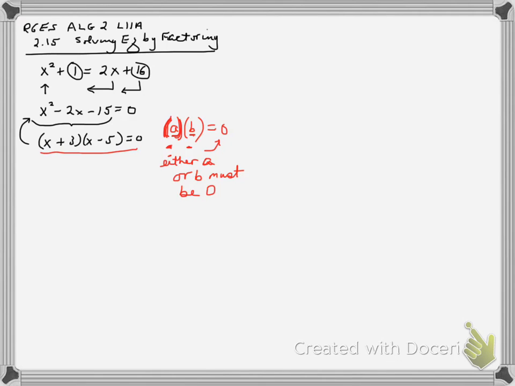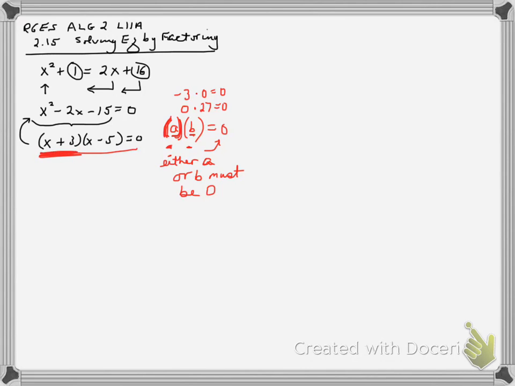So is that true? Let's see, a negative 3 times 0, that equals 0. If I have A equals 0 and B equals 27, that still equals 0. So whether A or B equals 0, the answer will be 0. So I'm going to apply that knowledge over here on the left.